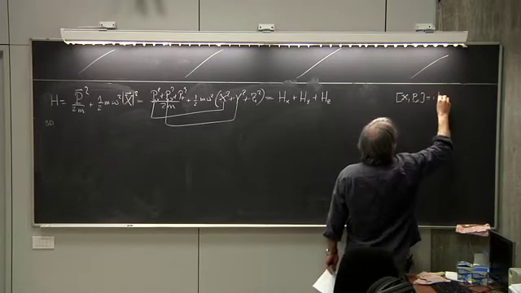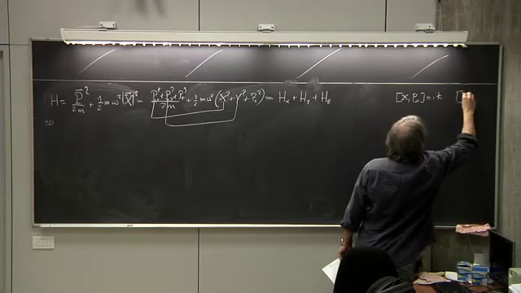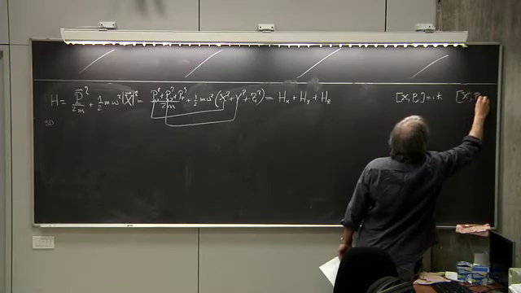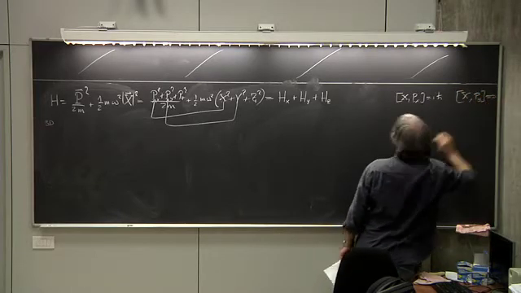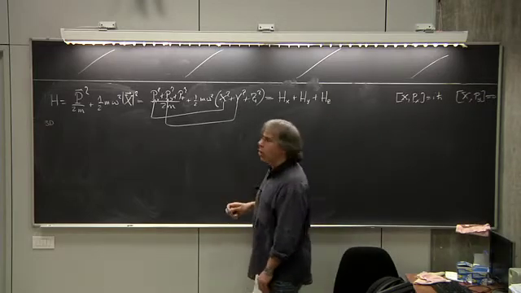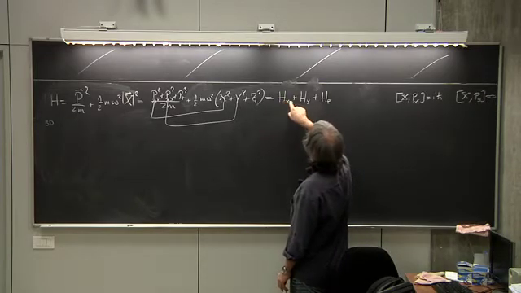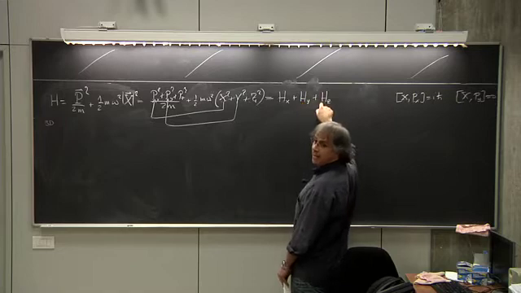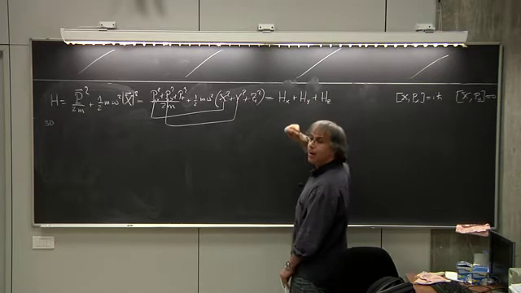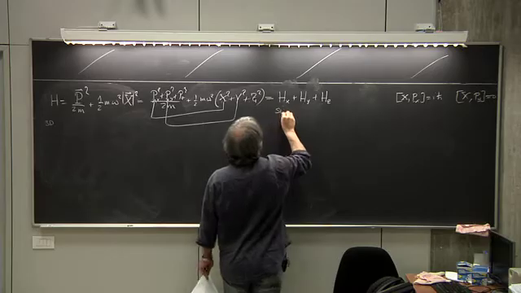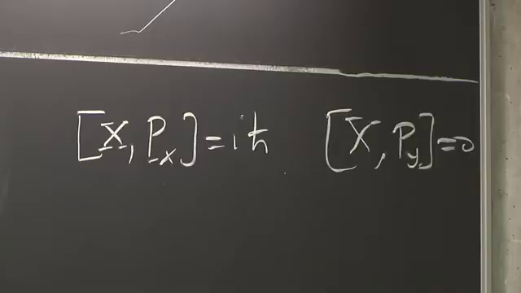For instance, this is i h bar, but x and py or pz would be just 0, okay? All in all, anything appearing here commutes with anything appearing here and there, okay? So they are so-called separable Hamiltonians, okay?